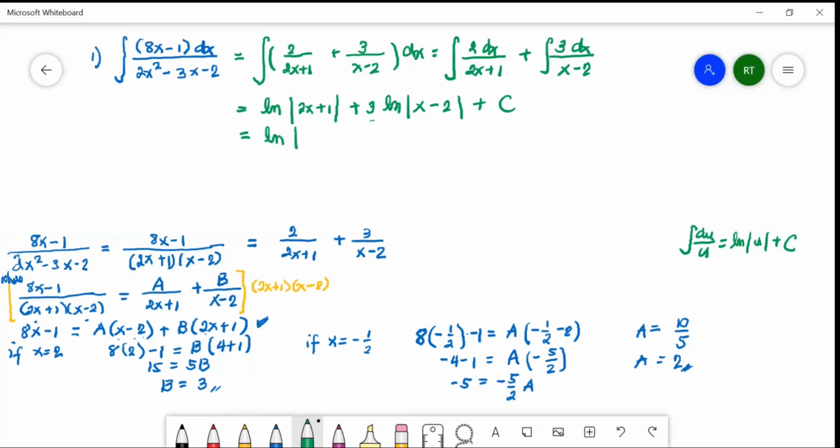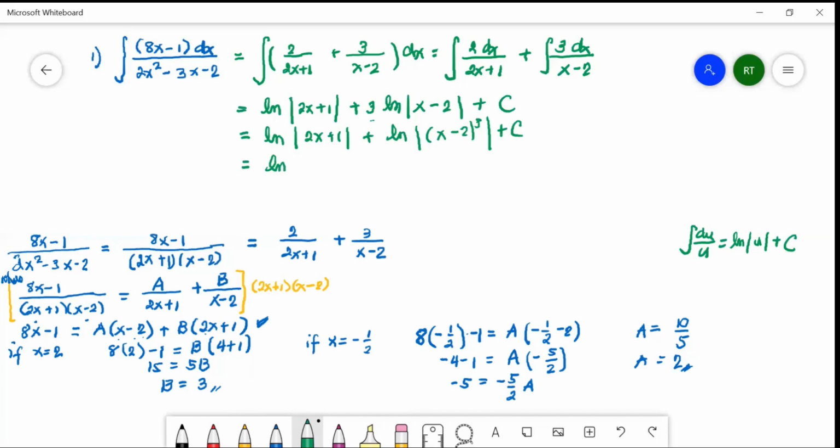We have natural logarithm of 2x plus 1, plus natural logarithm of the absolute value of x minus 2 raised to the third power, plus the constant of integration. Okay, got it?